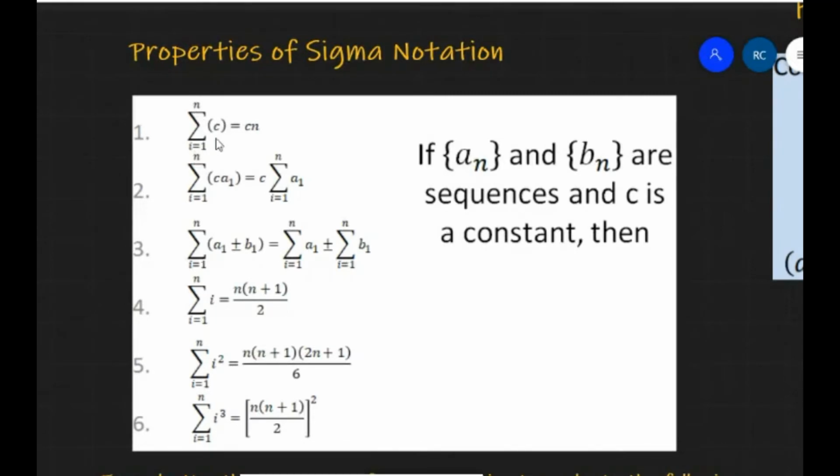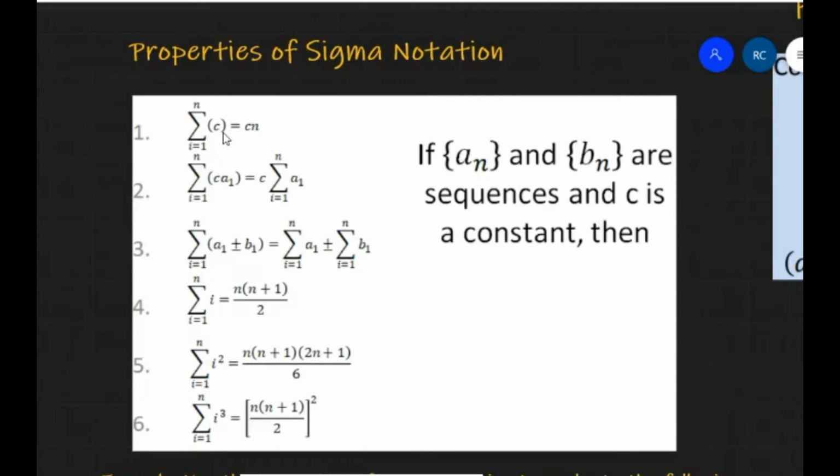Kapag ganito, constant itong ating C. Sabi dito, if A sub n and B sub n are sequences and C is a constant, then we can say that, ito na, yung first property niya, simply multiply yung ating constant sa upper bound. Okay? Yun lang. Yun ang kadali. Kapag constant to, multiply mo lang yun, finish na.